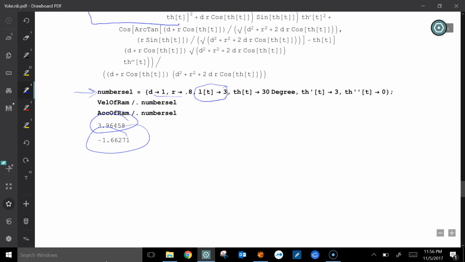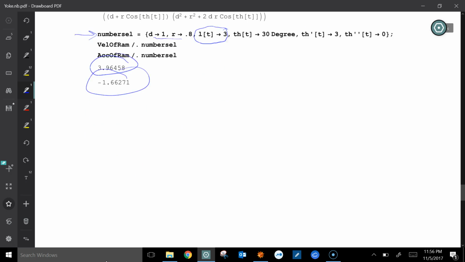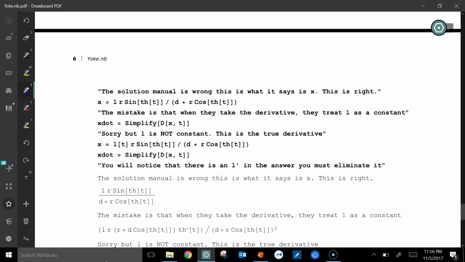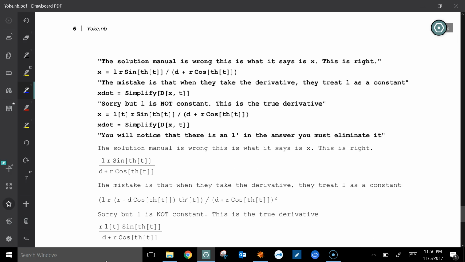Now, the solution in the solution manual is wrong. Let me show you what the solution manual does. It uses the law of cosines and the definition of a tangent of an angle, and it basically finds the distance x, which is okay.